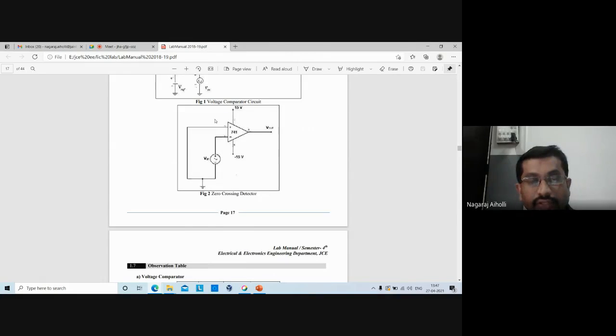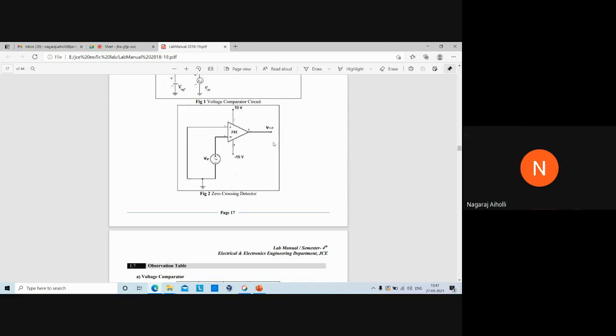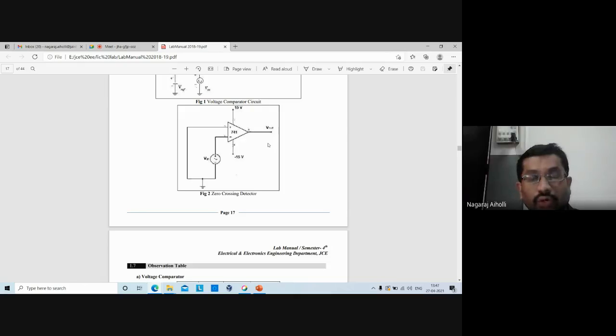Then the zero crossing detector. This is the circuit for the zero crossing detector. Again, the name itself is explanatory. That means when the input crosses the zero line or the horizontal line, the output indicates whether the input signal is crossing the zero line or not.